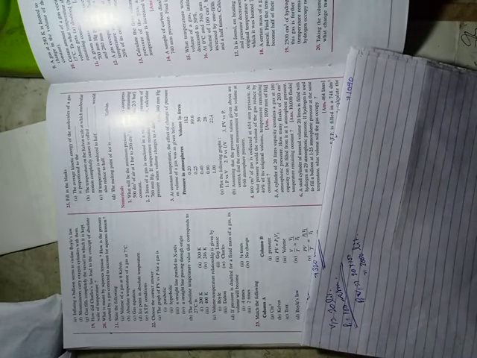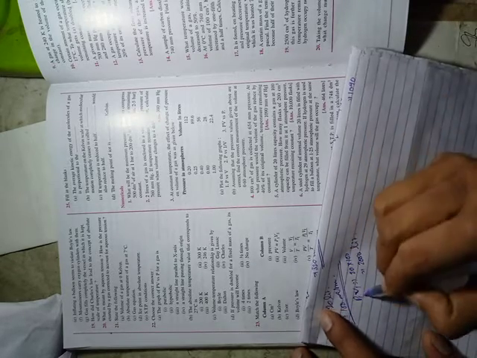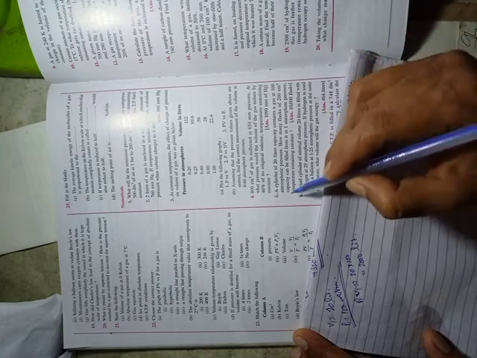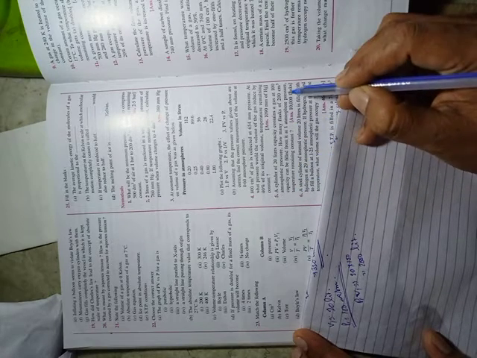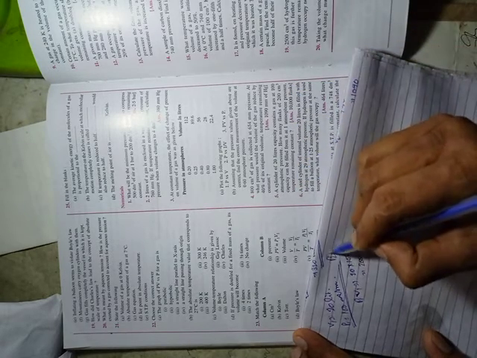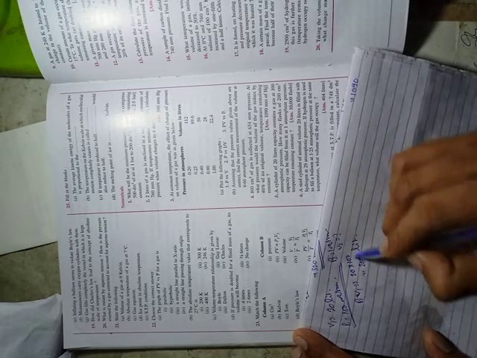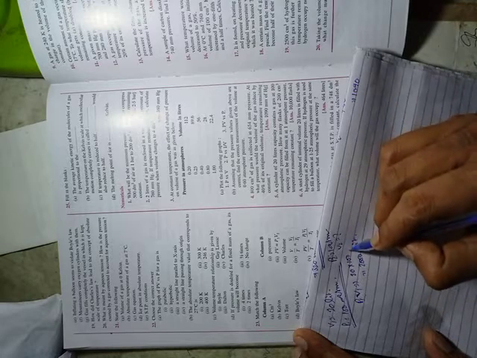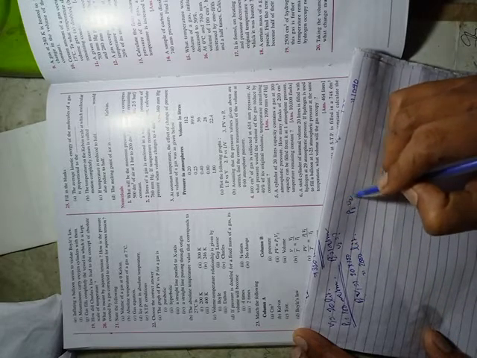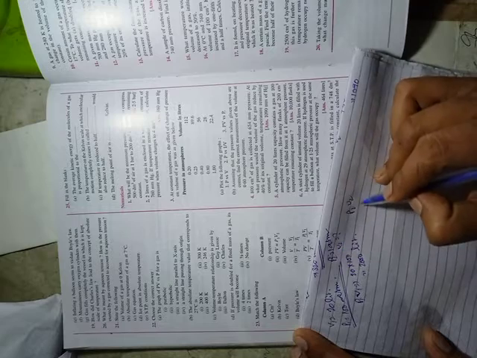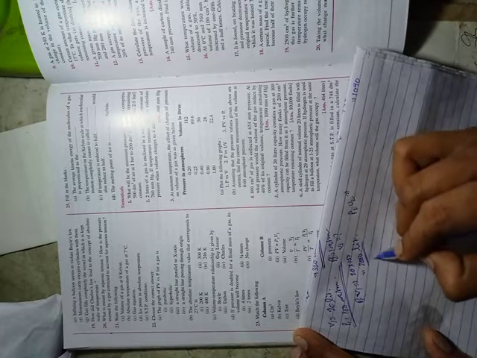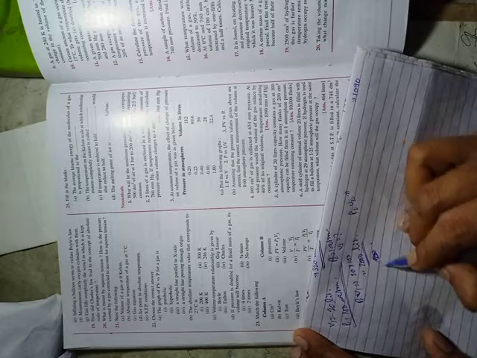Initially, how will you calculate the final volume? P1 V1 is given, and P2 has been told as 1 atmospheric pressure. So what will be V2?